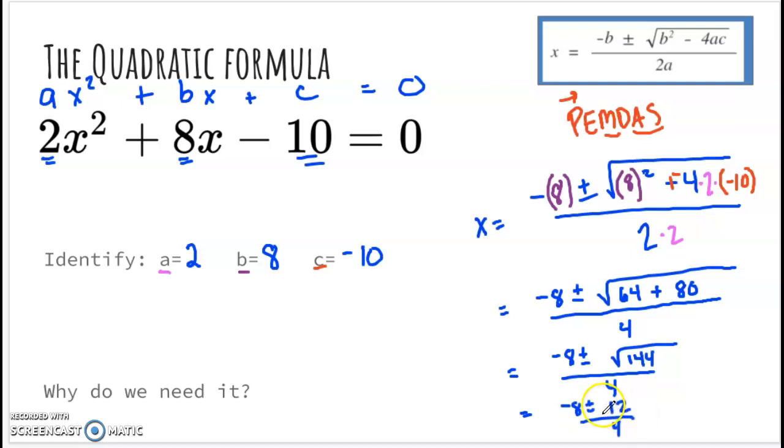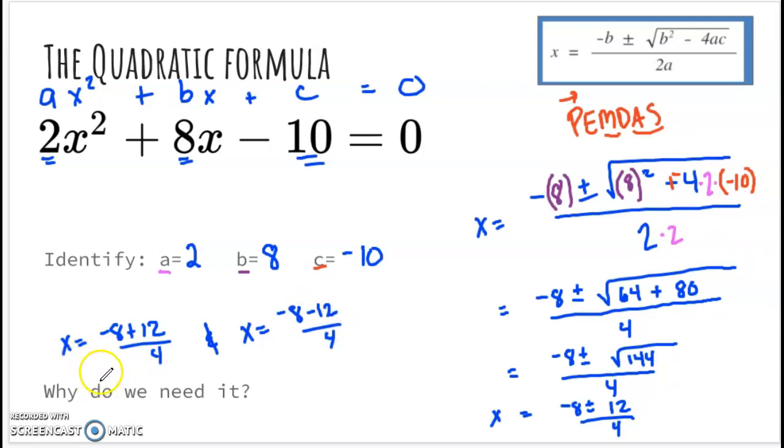And this is actually 2 separate problems, right? So let's see here. I'm kind of running out of room here. I've got x is equal to -8 plus 12 divided by 4. And x is equal to -8 minus 12 divided by 4.